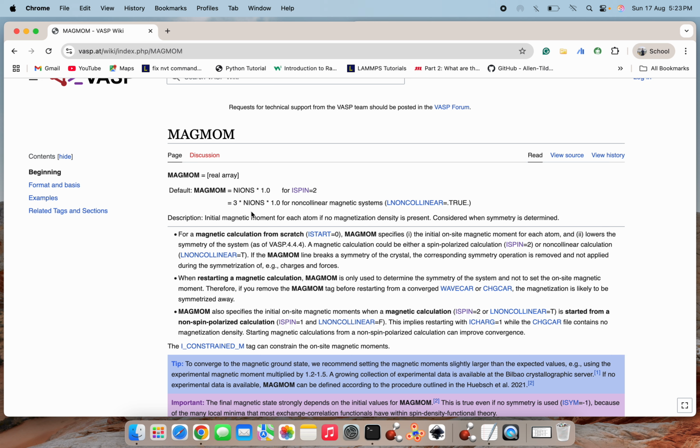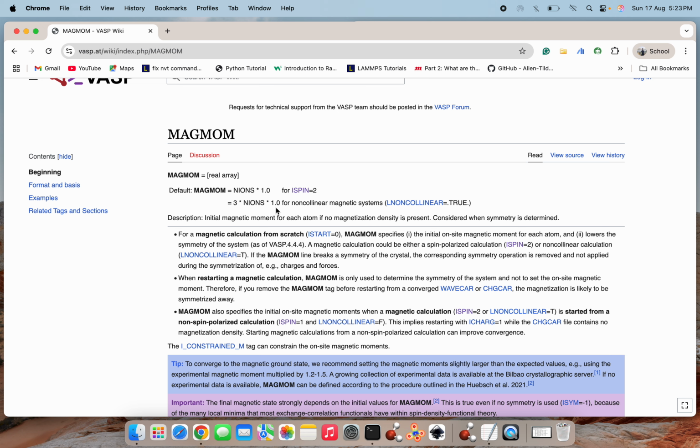So here, if our POSCAR has, say, three ions of any particular atom type, suppose we have carbon and we have three carbon atoms, that means 3 into that value, like n ions, or whatever is present in your POSCAR, and then you will define your magnetic moment.